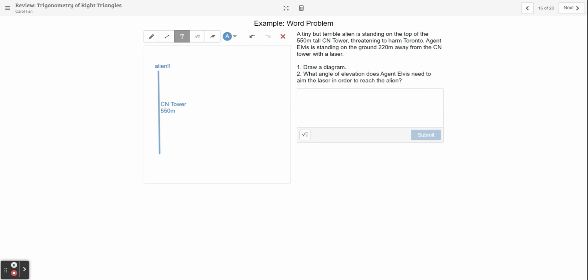And we have our agent here who has a laser, and he's going to point it at the alien. Now, a building, we can assume that it creates a 90-degree angle.